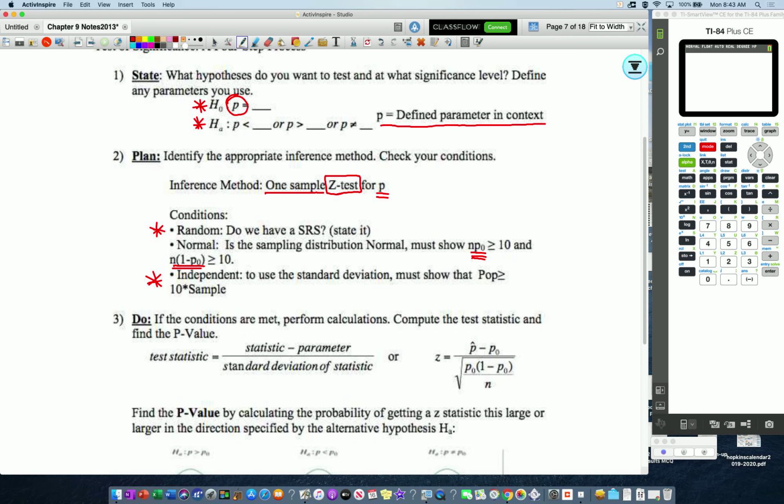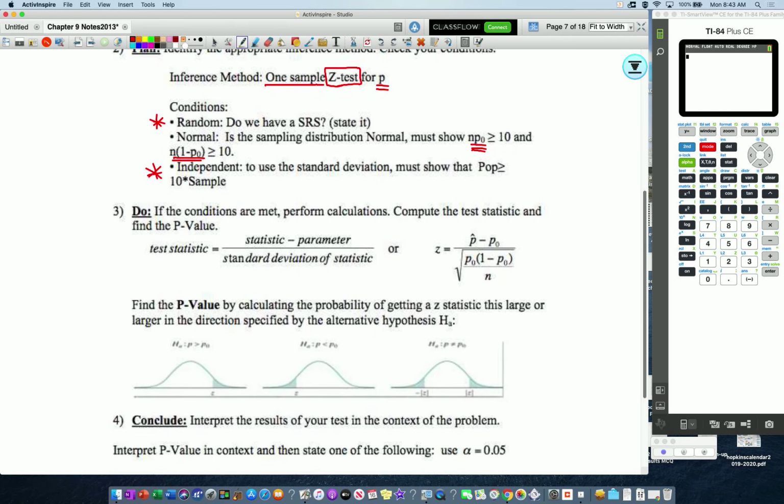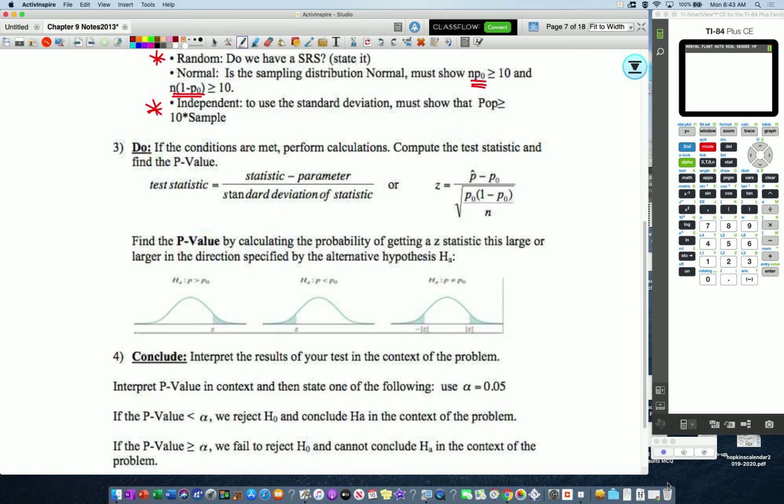So now, how do you actually calculate out your p-value? So this is how it's done. You got to calculate out your test statistic. So if we think about our test statistic, it is our p-hat value, our sample that we get, minus the proportion of the null hypothesis, over, and this really should say standard deviation of the null hypothesis.